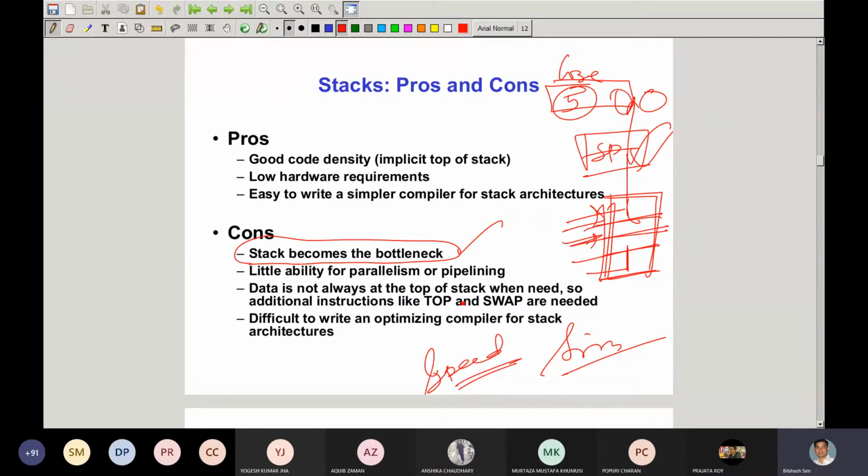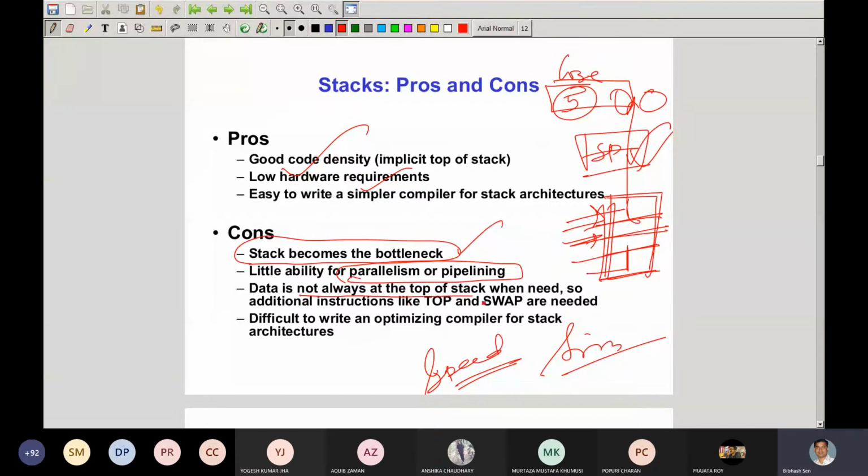So basically its architecture and principle is the main bottleneck for this one, though there is high code density and low hardware overhead. There is little ability for parallelism or pipelining. That is a very big issue that I have mentioned. Parallelism or pipelining, which is very essential for us, is not possible in this case.